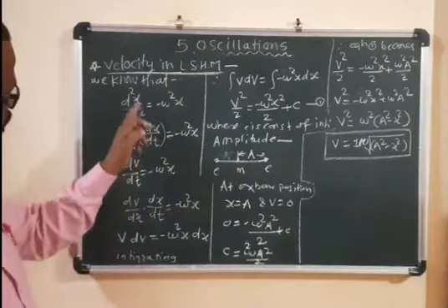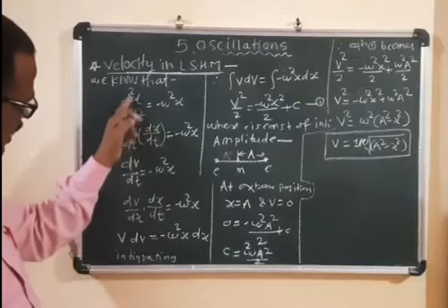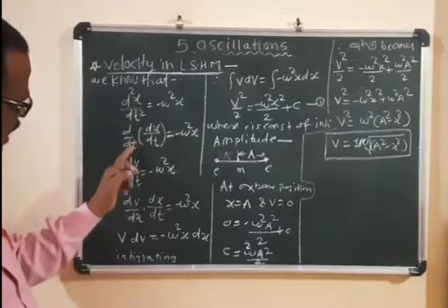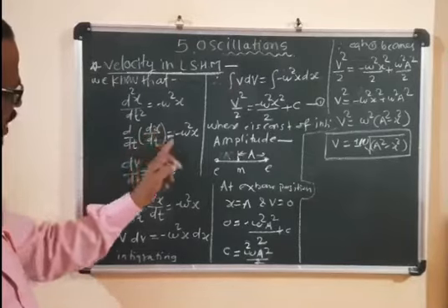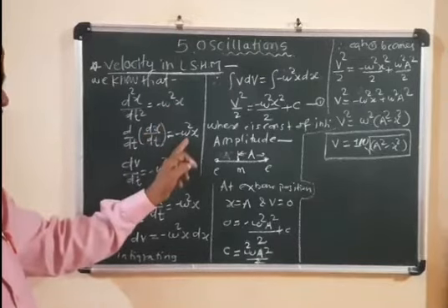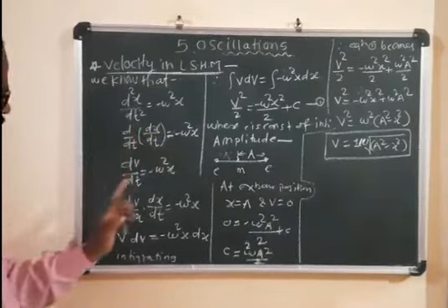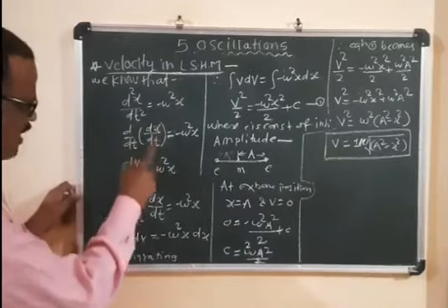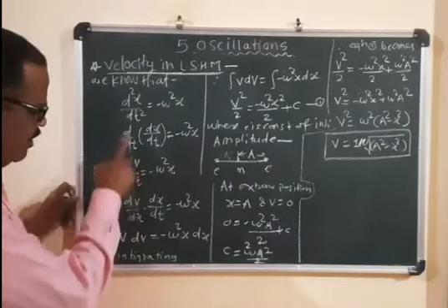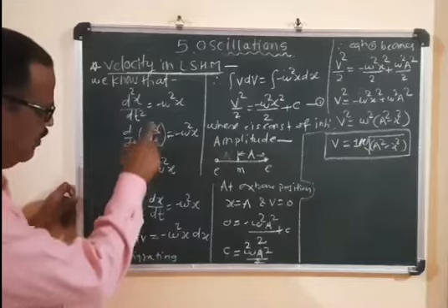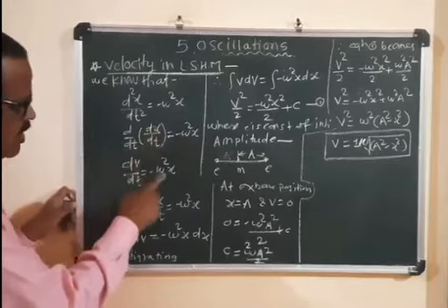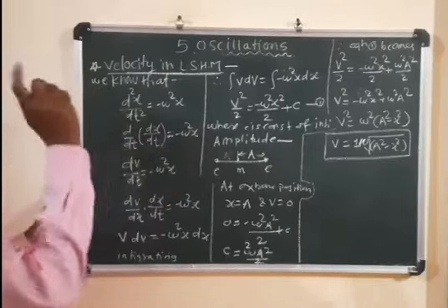So here we write d/dt into dx/dt = -omega square x, the same equation written differently. But dx/dt is v, so d/dt of v, that is dv/dt = -omega square x.